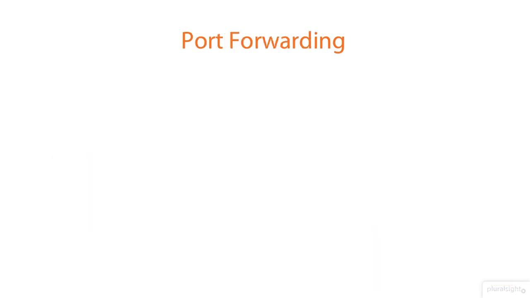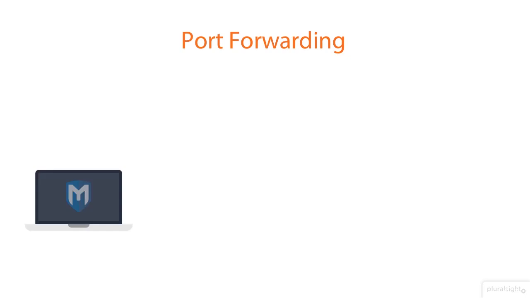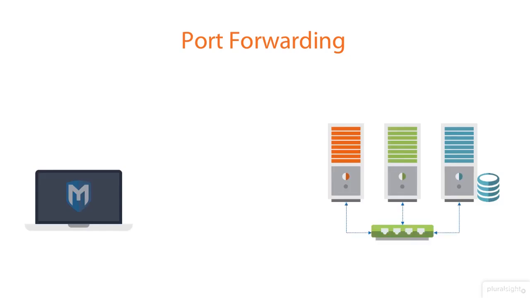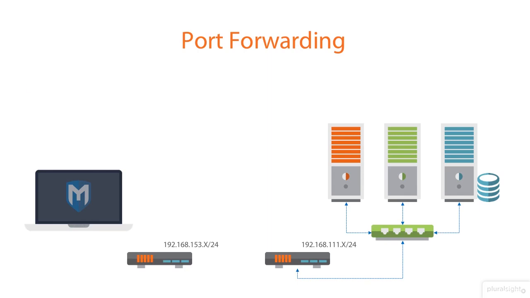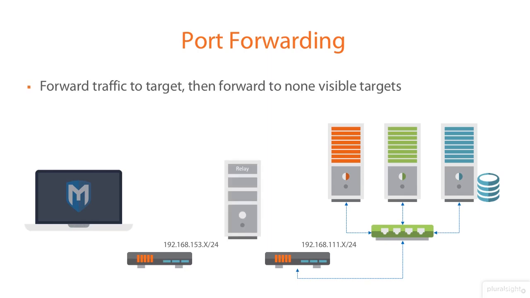And this is where port forwarding comes in. Now, it may sound very straightforward, but in the same scenario that we had before, in our connected environment, we can forward traffic from the Metasploit machine to those non-visible targets using the box in the middle, that relay machine.